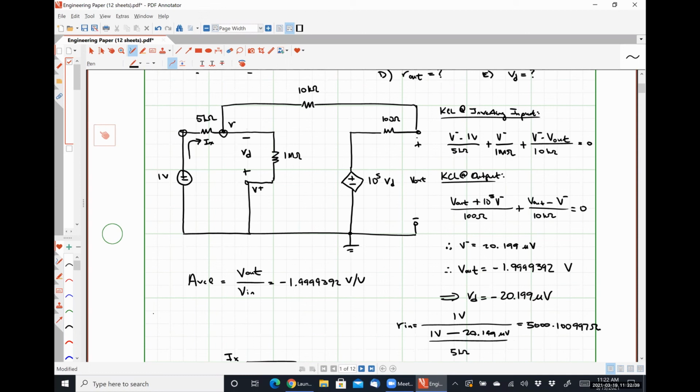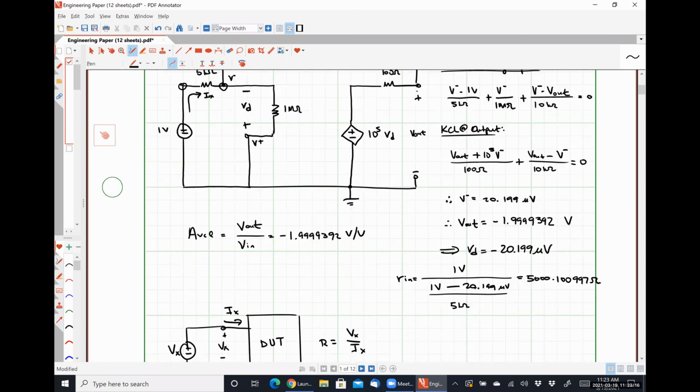If we had placed the input signal here and grounded that terminal, our input resistance is going to be really, really close to the internal input resistance of the op amp. Okay, so just a general rule of thumb: when the input is applied at the inverting terminal, it's close to R1. When the input is applied at the non-inverting terminal, it's close to the actual op amp resistance.